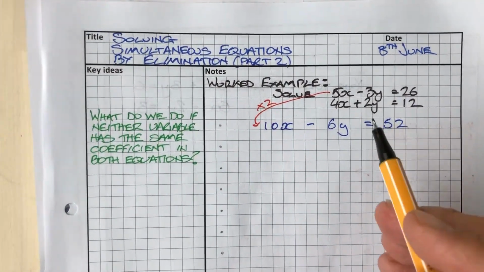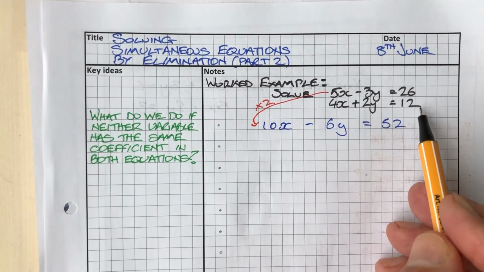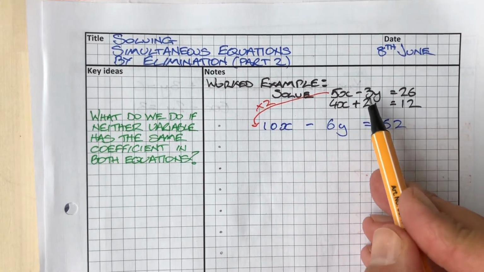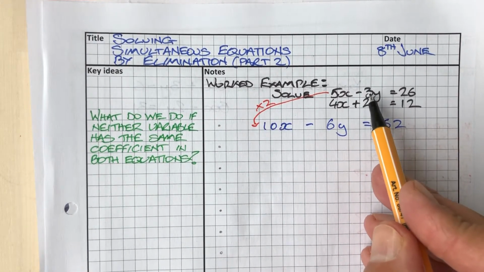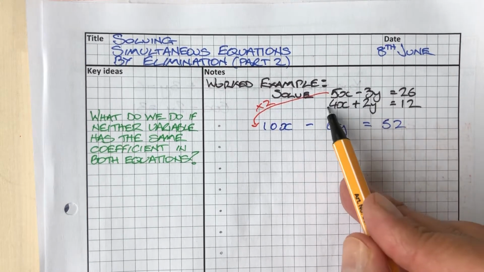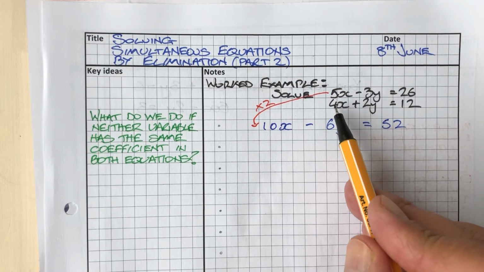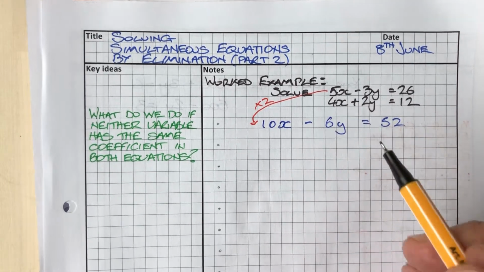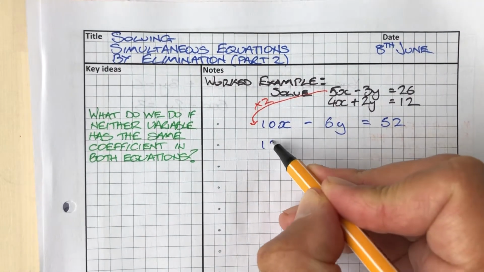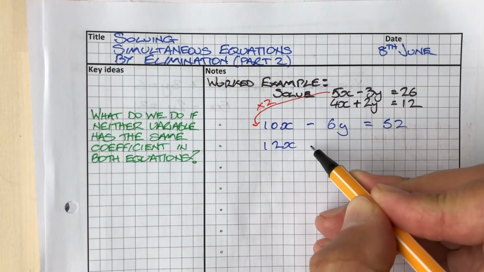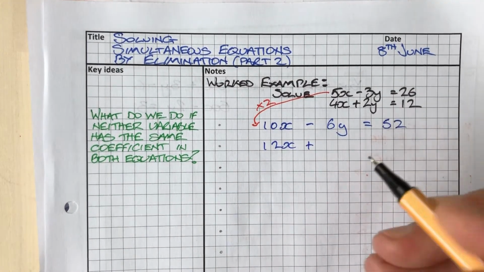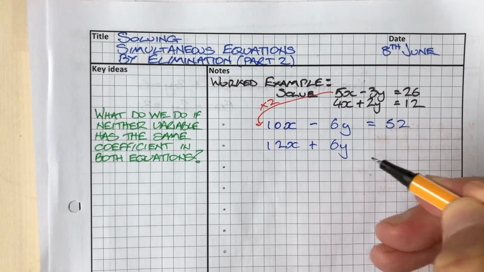And the bottom line, I'm going to multiply everything in this by the number in front of y in the other equation. So I'm going to have 3 lots of everything here. So 3 lots of 4x is 12x. I'm going to add 3 lots of 2y, that's 6y.